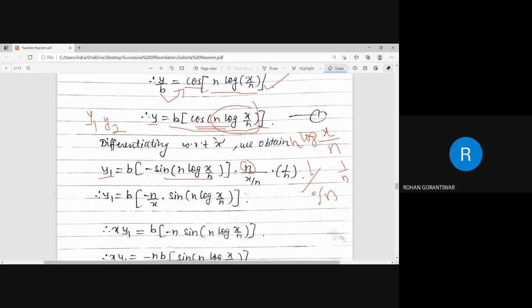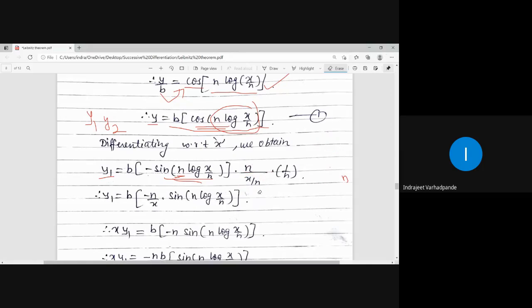Yes, sir. So minus sine of this bracket into n constant, derivative of log x by n is 1 upon x by n into derivative of x by n is again 1 by n. This is how we have to go on simplifying the terms.